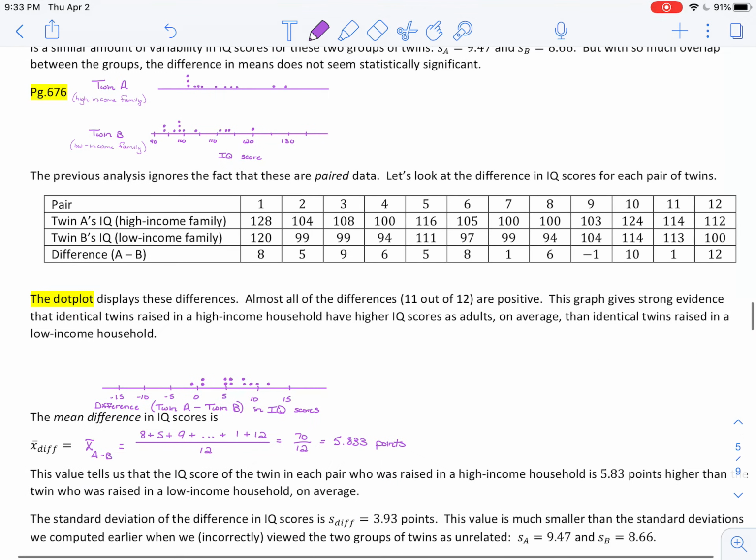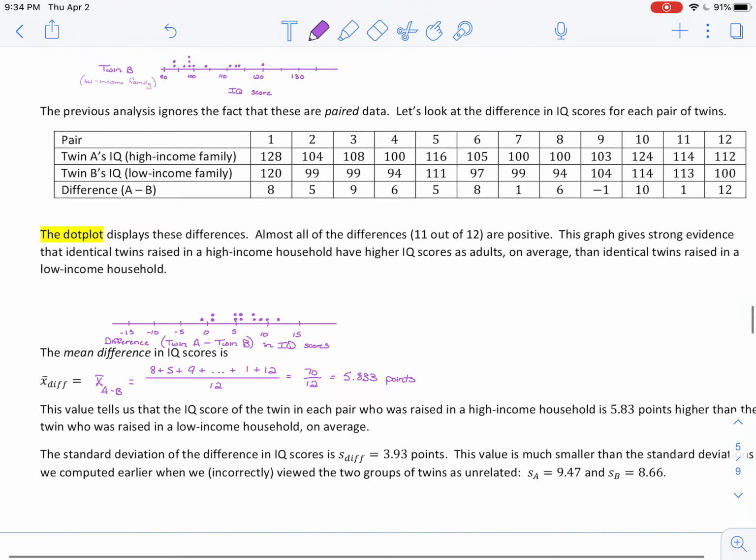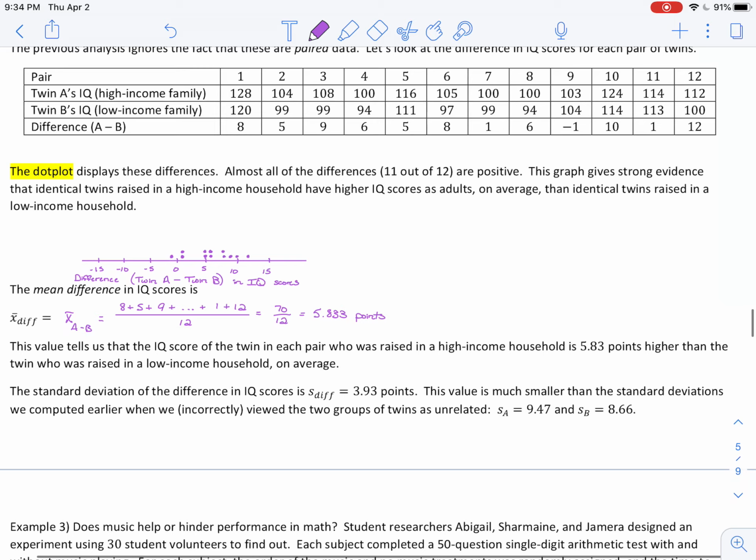So if I looked at just the difference within the pair, we can analyze that. Within the first pair of twins, the difference between the high-income family raised and the low-income family raised was 8. The next pair of twins had a difference of 5. We can look at these differences specifically, and then display those dot plots.